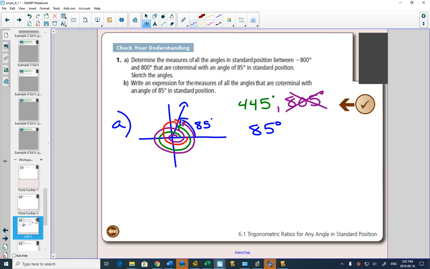That angle would be a negative angle, negative 200 and, how's our mental math? What would we get? 360 minus 85, 275.